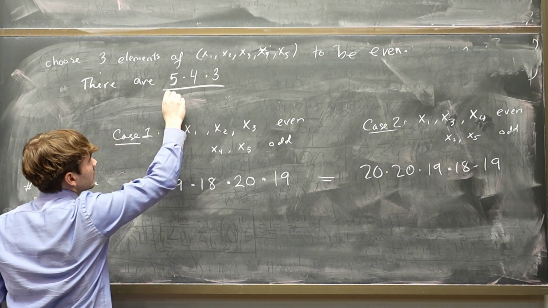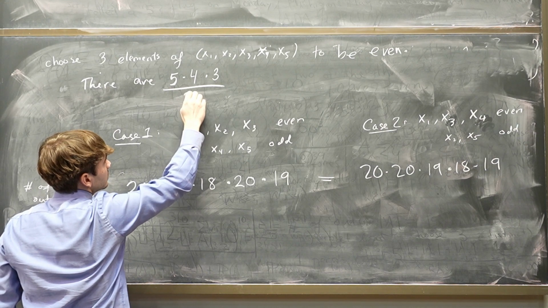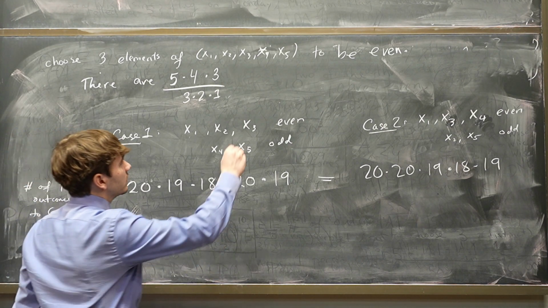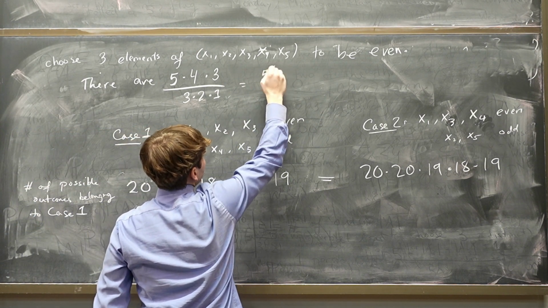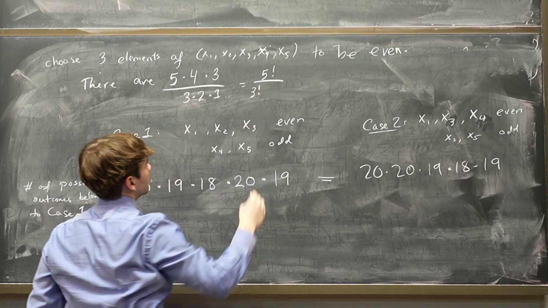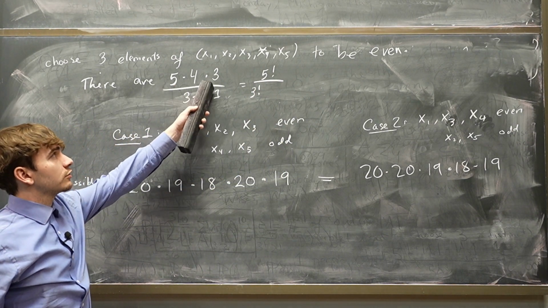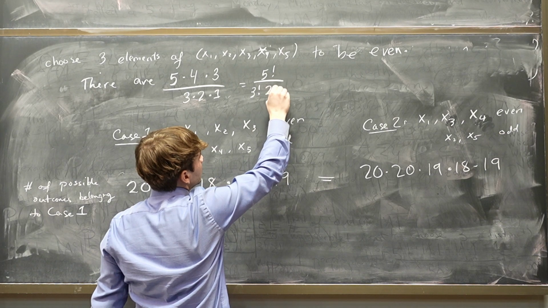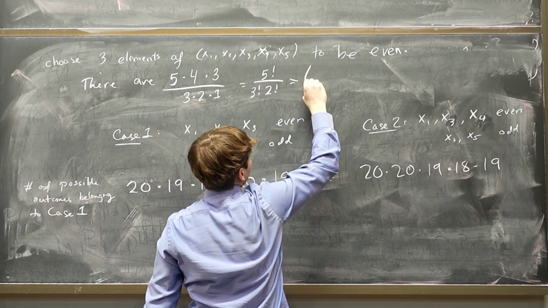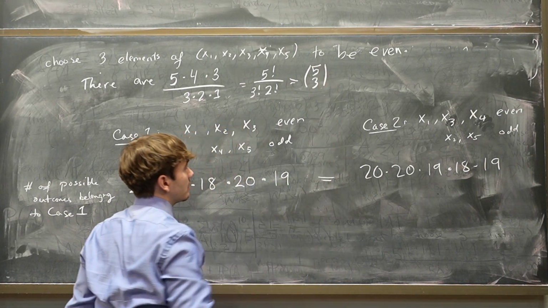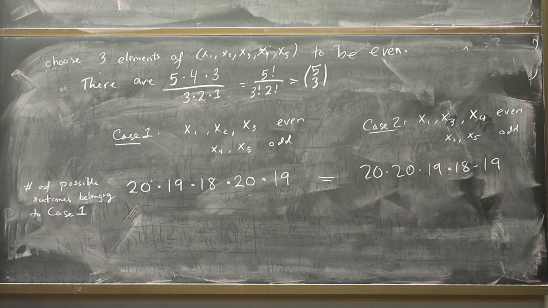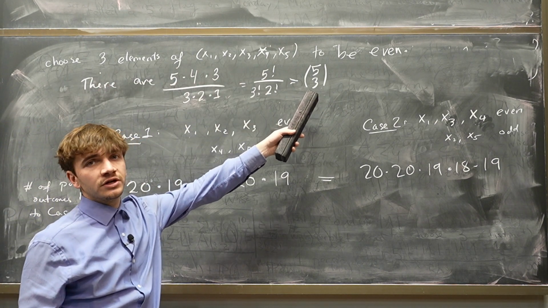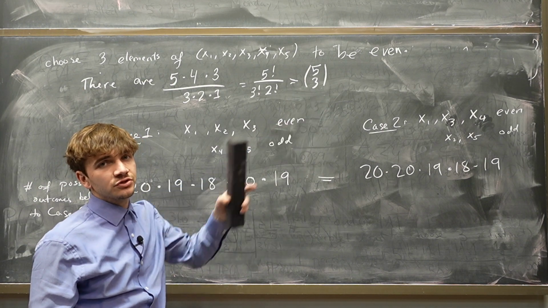That is 3 factorial, so 3 times 2 times 1. So this is equal to 5 factorial over 3 factorial. The 5 factorial is 5 times 4 times 3 times 2 times 1, and then dividing out the 2 times 1, I end up with 5 choose 3. This is why we call this number 5 choose 3, because we're choosing 3 elements of a 5-element set, and order doesn't matter. So there's exactly 5 choose 3 ways of doing this.